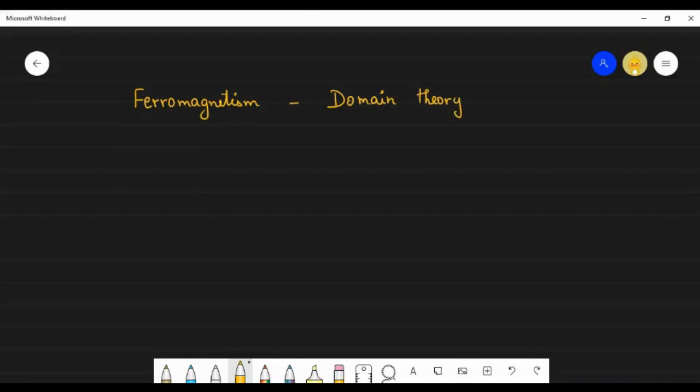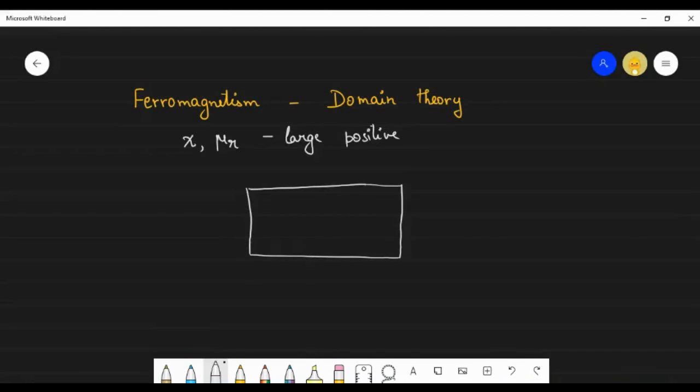In the previous class, we have seen that ferromagnets exhibit large values of susceptibility and relative permeability. These large positive values can be attributed to the fact that ferromagnetic materials have regions within the material.